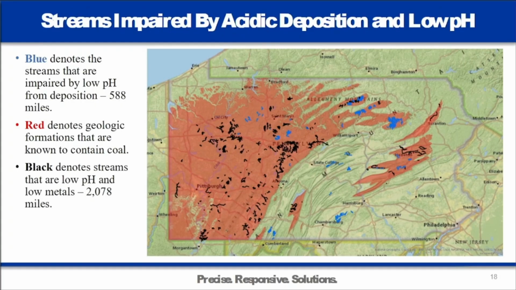And if I overlay other streams that are impaired for not just straight atmospheric deposition of low pH, this could include streams that have atmospheric deposition and also may have small metals in it from really low pH, we can see this really closely matches that. And we see that the coal fields in Pennsylvania could very well be a place to implement these technologies.